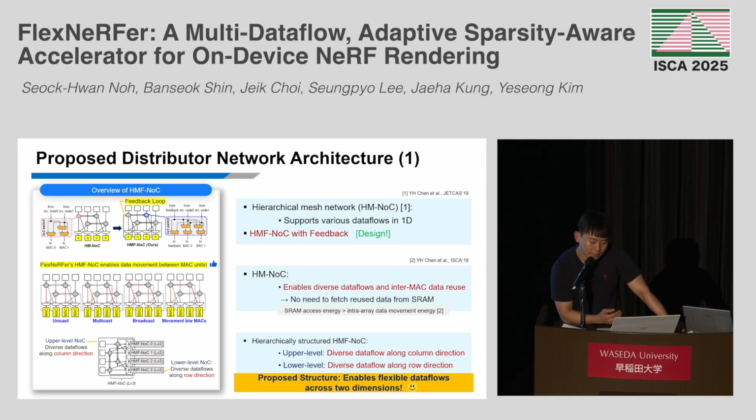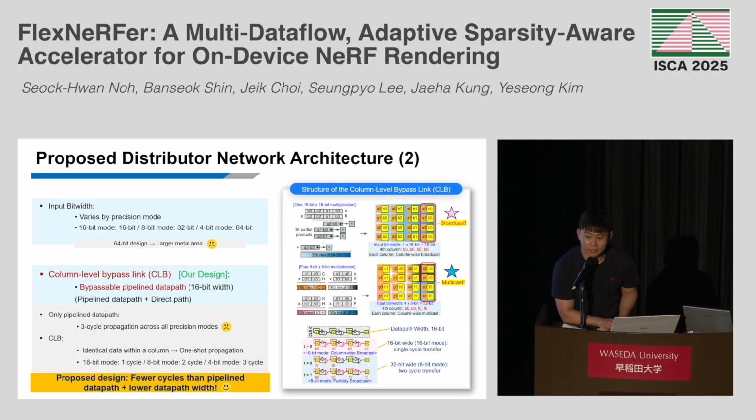The top level handles column-wise diverse data flows, and the bottom level handles row-wise diverse data flows. With this structure, data can flow in both directions, and MAC units can share data flexibly.